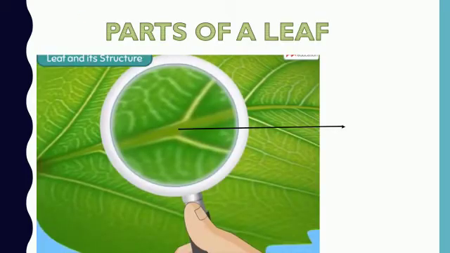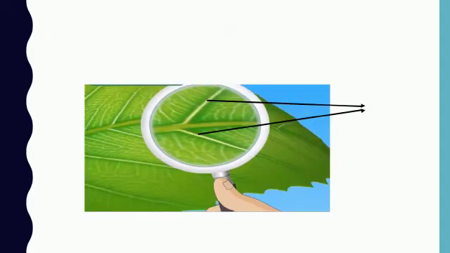So the next part of the leaf is, what is this part called? It is called main vein. And these parts are called side veins.